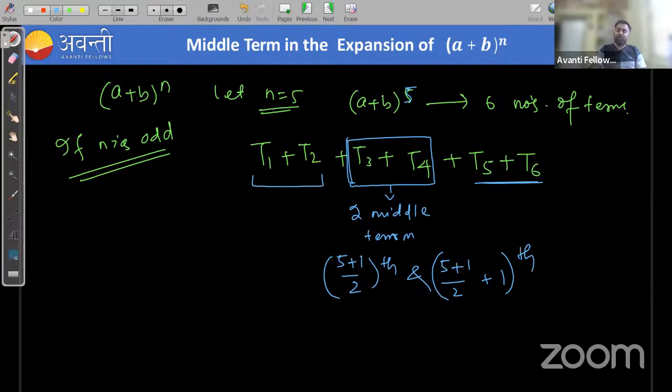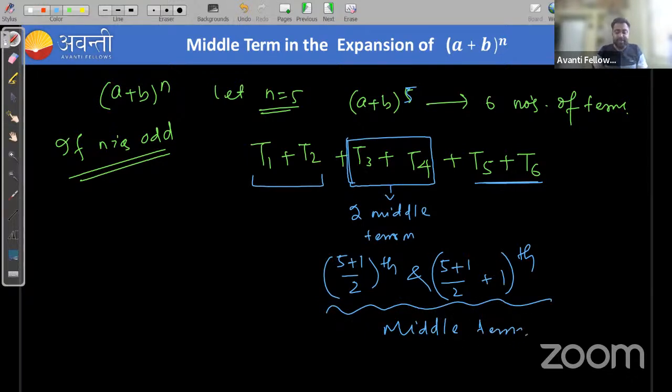See, (5 + 1)/2 is 3, that is T3, the 3rd term, and (5 + 1)/2 + 1 is the 4th term. Is it clear to all of you? So these are my middle terms.